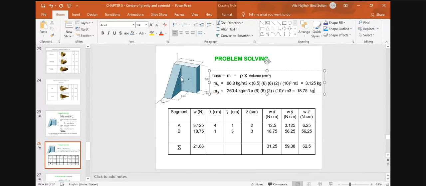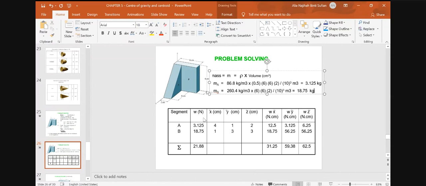Now we look at block A. Block A is half of block B, so it is half a rectangle. Therefore, the volume is 6 times 6 times 2 times 0.5. So we have 3.125 kg when we multiply it with the density.